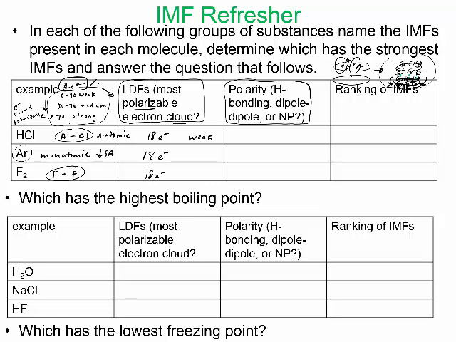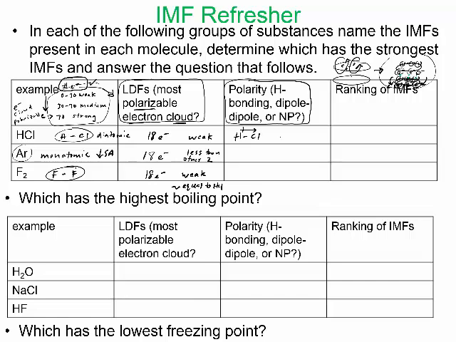So HCl and F2 are going to be really similar because they're both linear. Argon will be slightly less than the other two, and this one will say weak, and HCl and F2 about equal.